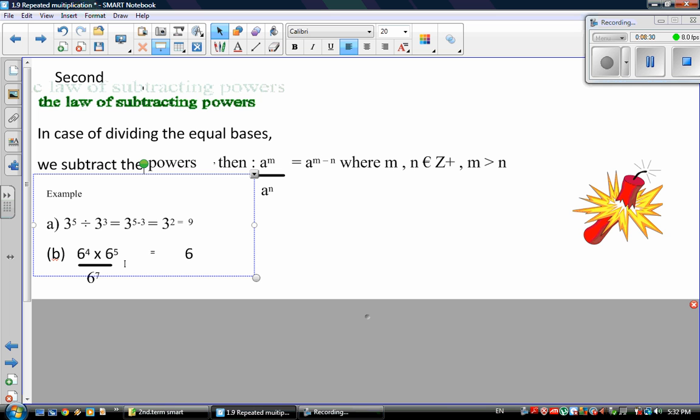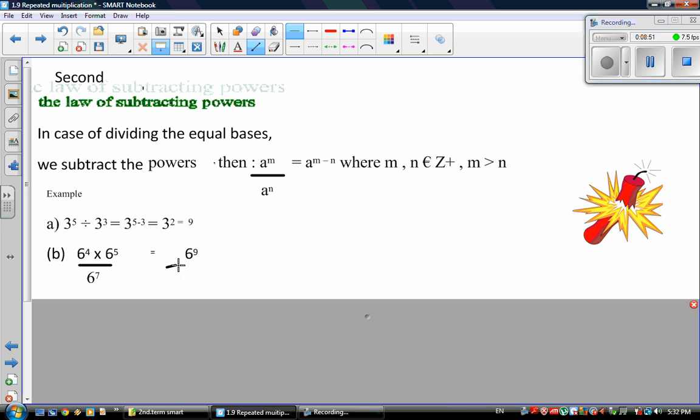And we add the powers because in case of multiplying equal bases, we can add the powers. So 4 plus 5 equals 9, and we write 6 to the power 9.